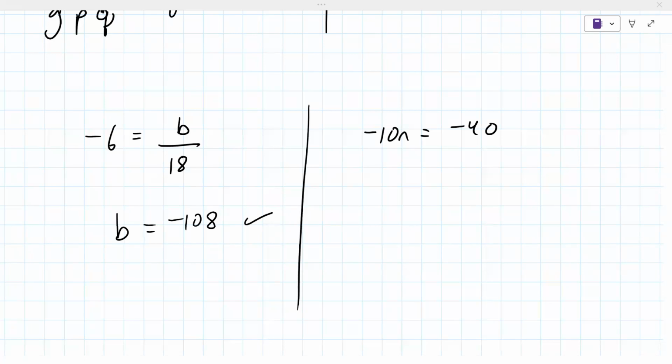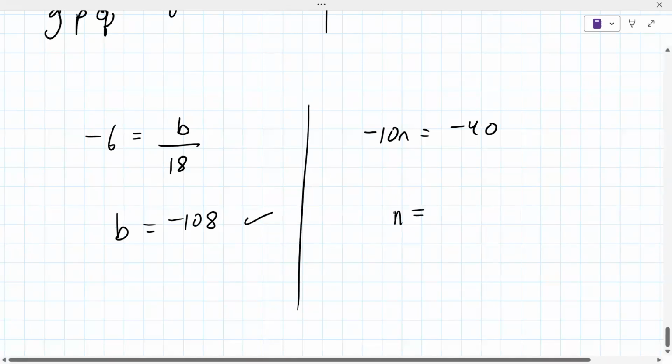Okay. Division by negative 10. Negative 40 divided by negative 10 is negative, or sorry, it's 4.